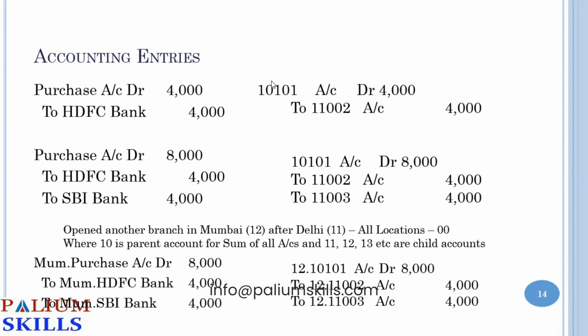What is the account code? 1010. So every account that we have is recorded as an account code. So you will have like 10101, which is the purchase account. So in the application, you will find this entry: 10101 account debit to HDFC Bank, which will also have an account code.